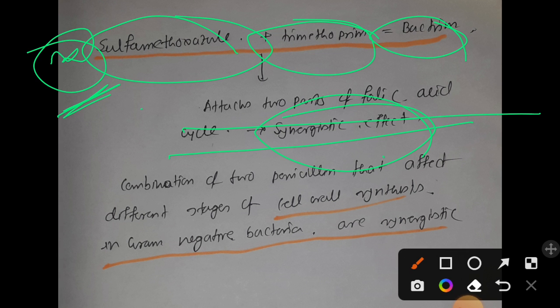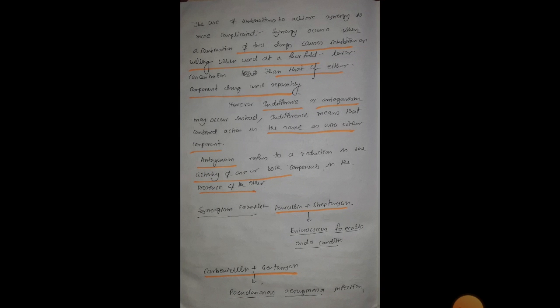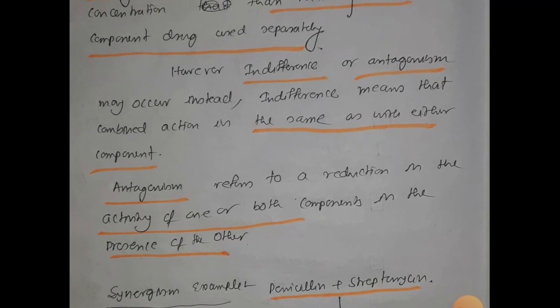And along with that, any two penicillins which have the ability to inhibit two different stages of cell wall synthesis can be considered synergistic. Okay, and it is mostly observed in the case of gram negative bacteria. So that is the concept of synergism. That means when you are using two antibiotics in mixture, their antibacterial activity increases.